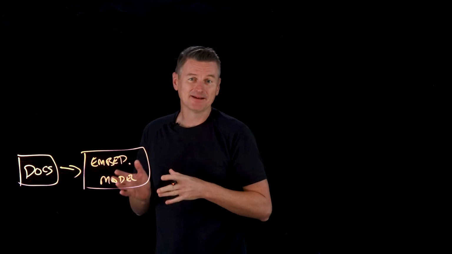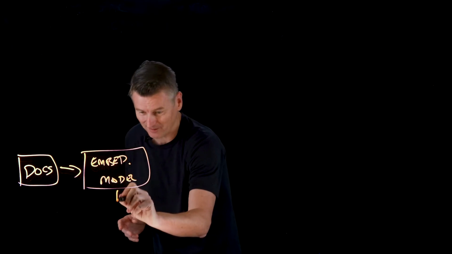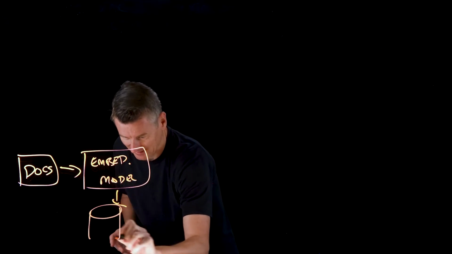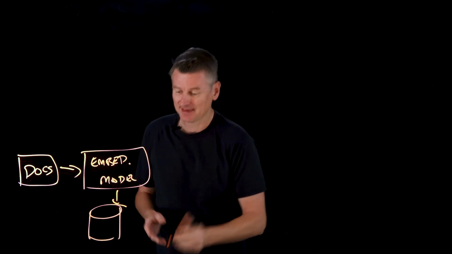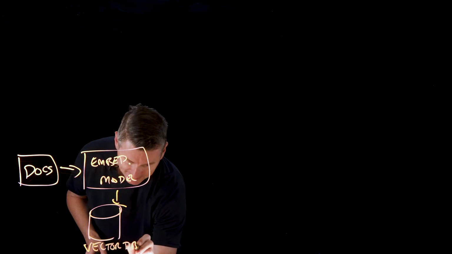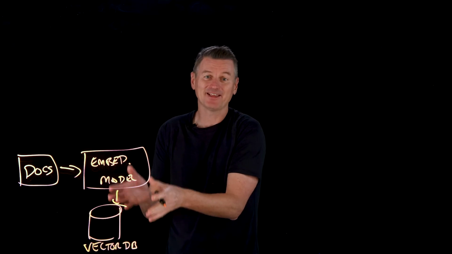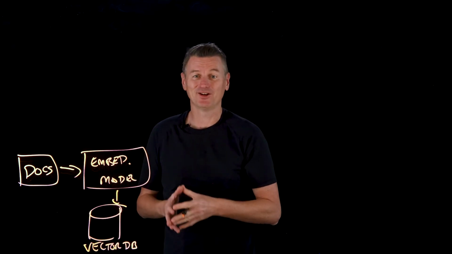Now that embedding model is going to create embeddings and store them in a database. And specifically, this is a vector database where the embeddings are stored. So you've essentially now created a searchable index of your knowledge.